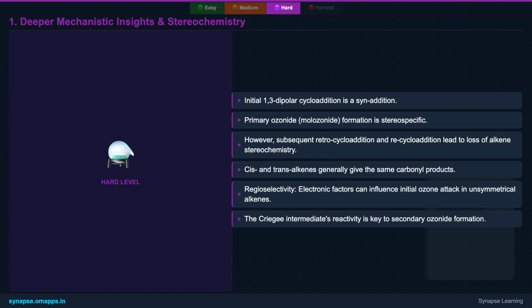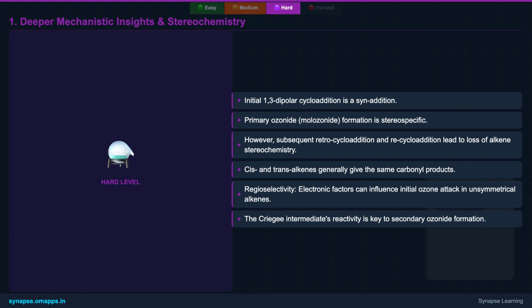However, the subsequent rearrangement of the primary ozonide and the formation of the secondary ozonide involves bond breaking and reforming, which generally leads to a loss of the original stereochemical information of the alkene in the final carbonyl products. For instance, cis and trans alkenes often yield the same set of carbonyl products.